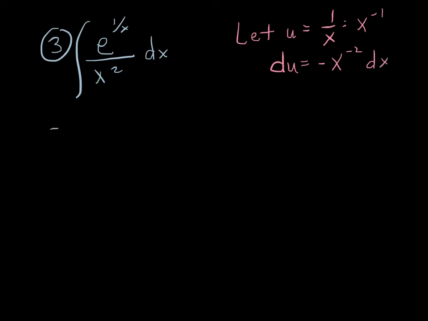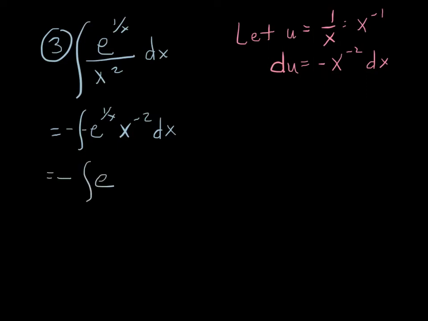So why don't we rewrite this so that it's e to the 1 over x, x to the negative 2. And we need that to be negative x to the negative 2. So let's just adjust those there. We'll have negative on the outside, e to the u du, which is negative e to the u, or negative e to the 1 over x plus c.